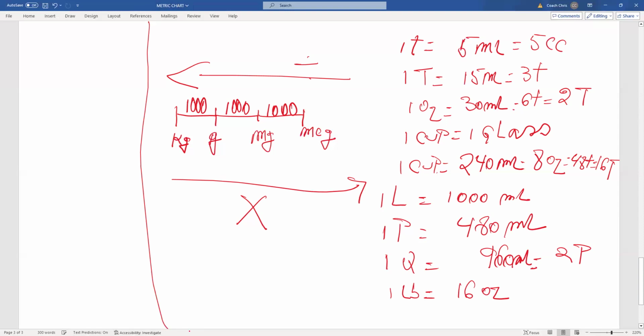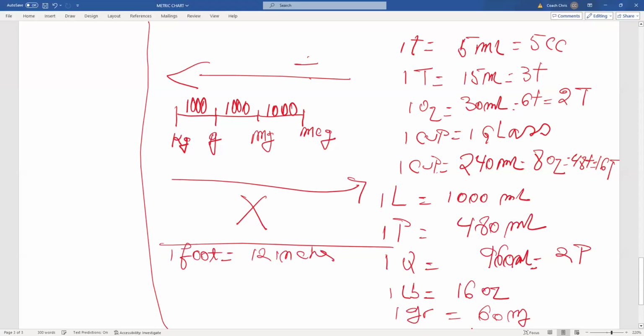A few things that we learn beside those pounds. You have to know that 1 grain, GR, equals 60 milligrams. Sometimes they do 60 to 65. You learn today that 1 foot equals how many inches? You got 12 inches because you have to multiply by 12.